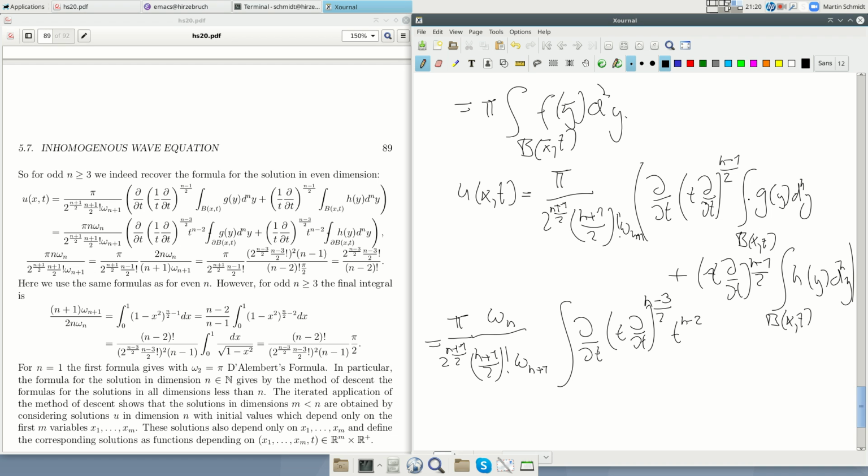Since if we calculate this, we get t to the power n minus 1, and then 1 over t. And here also 1 over t. For this reason we only have the power t to the n minus 2.